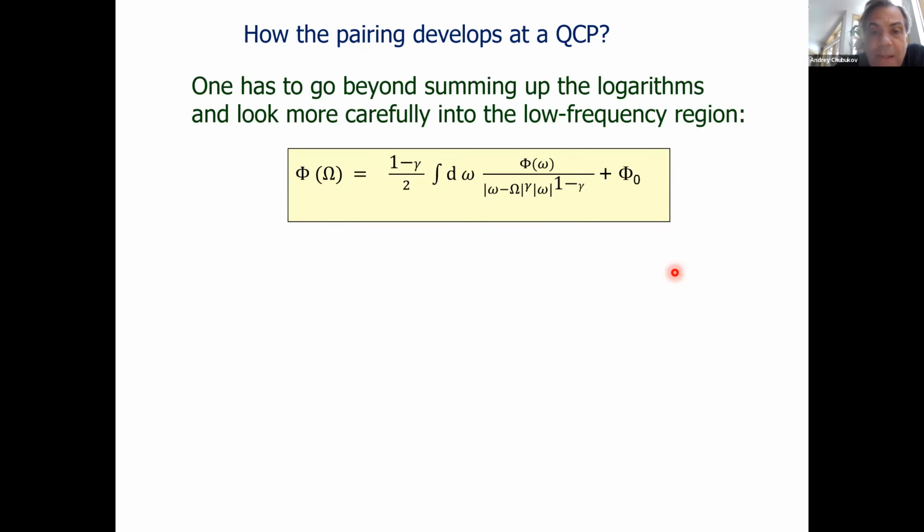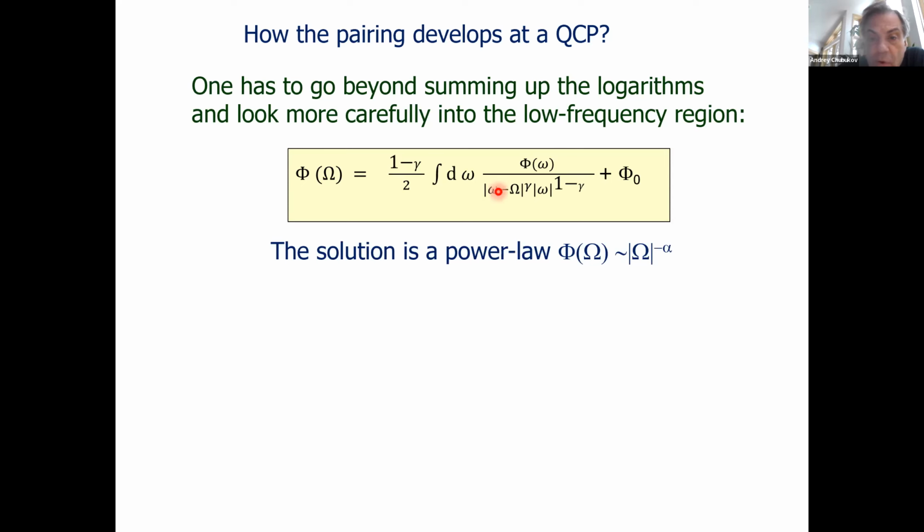If we look again into what happens with, say, the same equation, power 1 minus gamma and power gamma, I just rewrote it like this without putting the extra term due to cutoff. Cutoff doesn't play a role for what I'm going to say. You can look at this equation without the bare term. And because the kernel is marginal, we know what happens. We know that generally we don't have to play with logarithms. What we have to do is to search for the solution in the form of a power law.